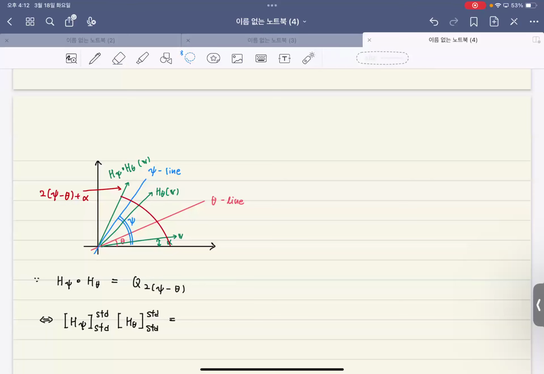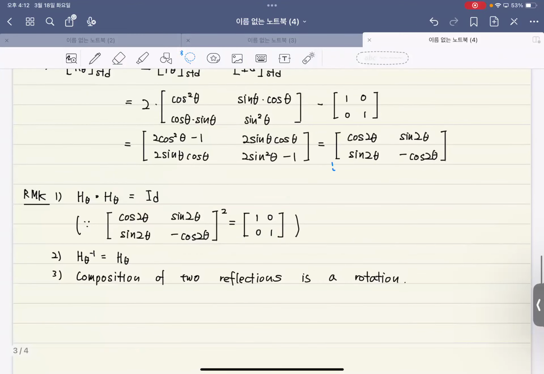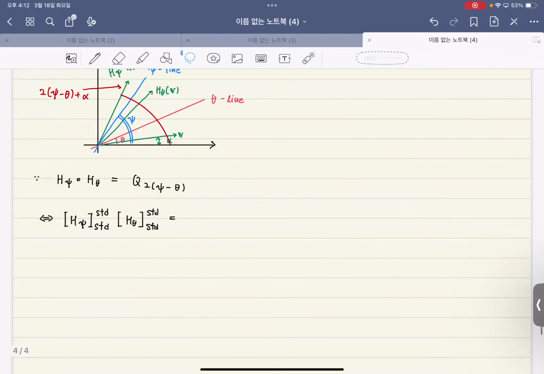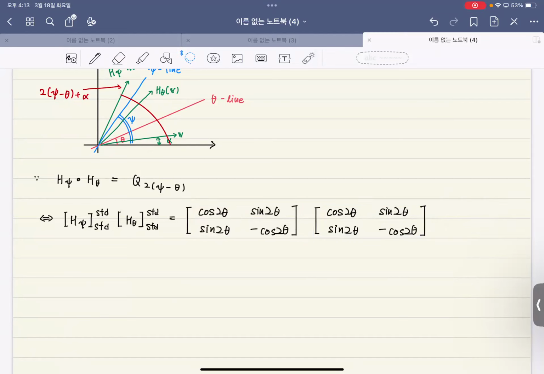is, now multiplying this, so this is H theta, and this is H psi. If you multiply these two matrices, I don't want to spend so much time on computation, so I will leave it as an exercise.